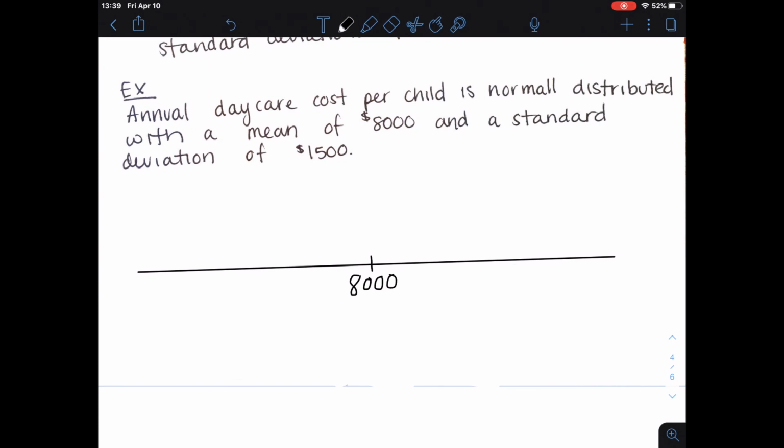It's directly in the middle. If you go out a single standard deviation in each direction, this distance is going to be 1,500, and then it's going to be another 1,500. So that is a single standard deviation.